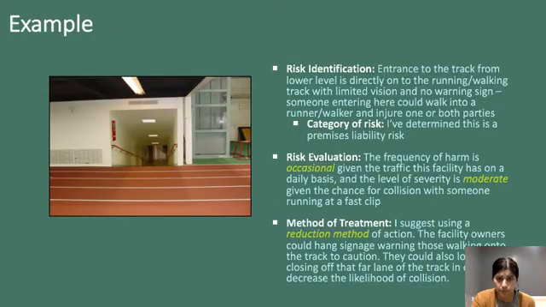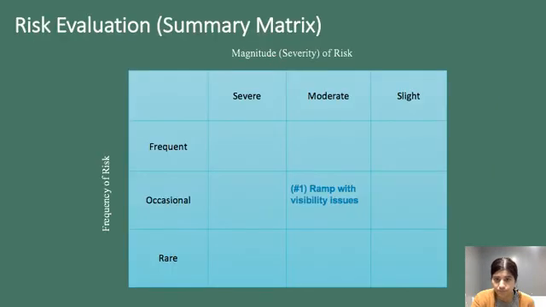So you can see here with this risk, I have said the frequency of harm is occasional and the level of severity is moderate. So I found the intersection of those 2 points here on the summary matrix, and I've inserted risk number 1.